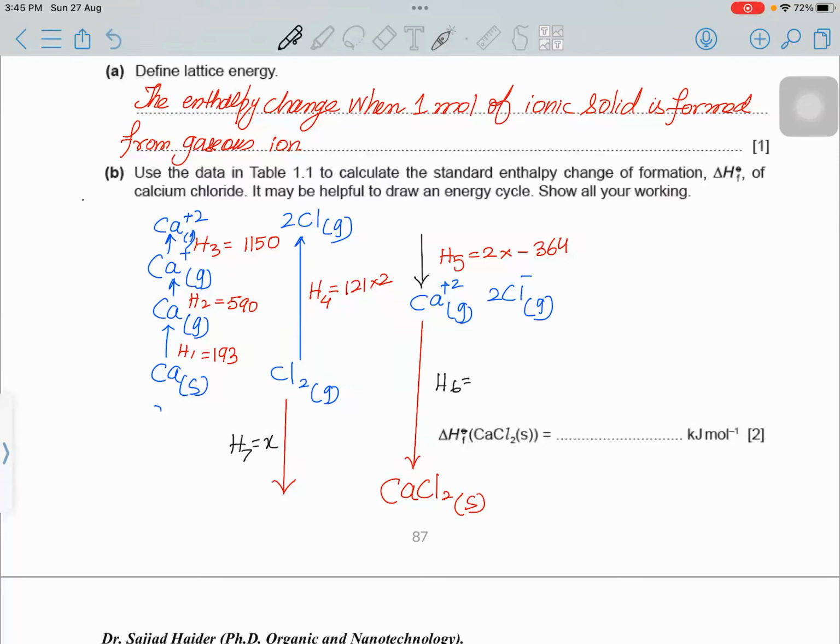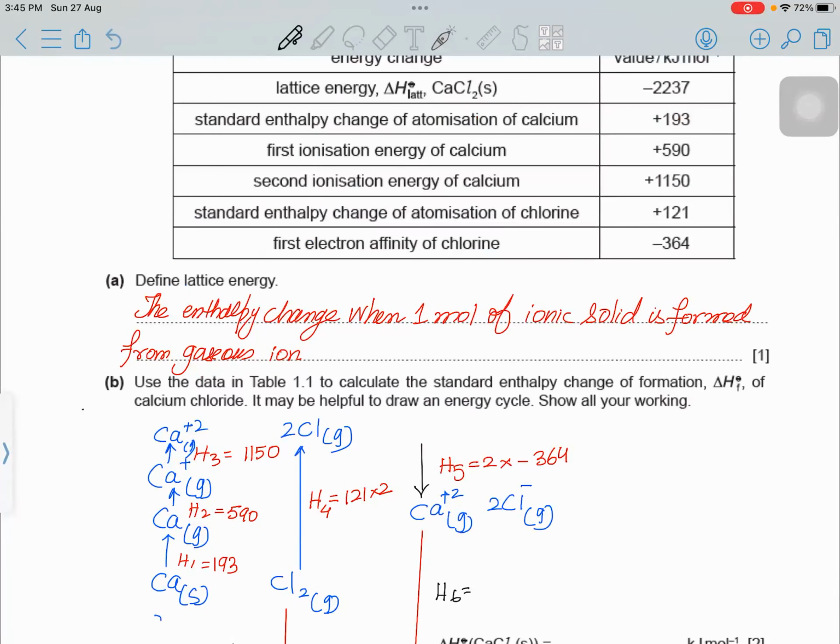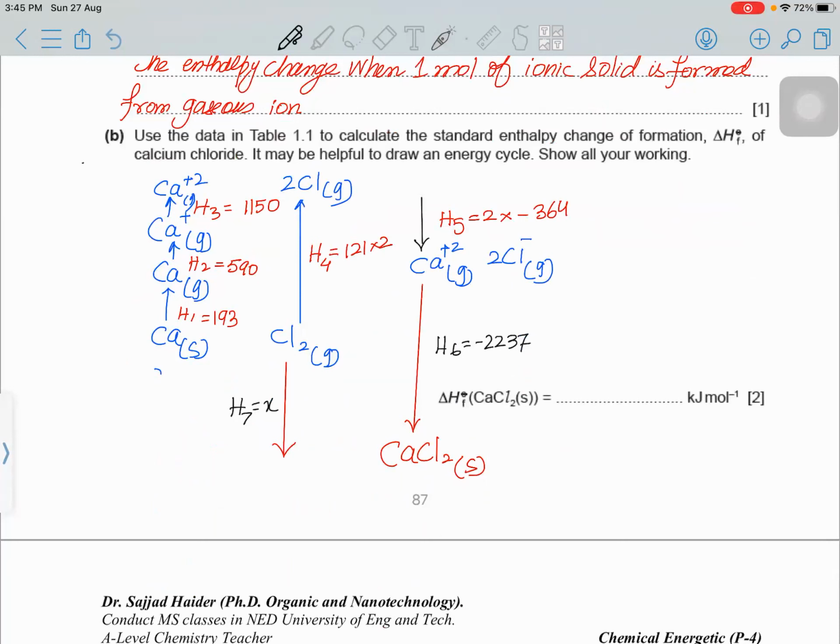Can you tell me the lattice energy? So minus 2237. Right? So the formula would be H.